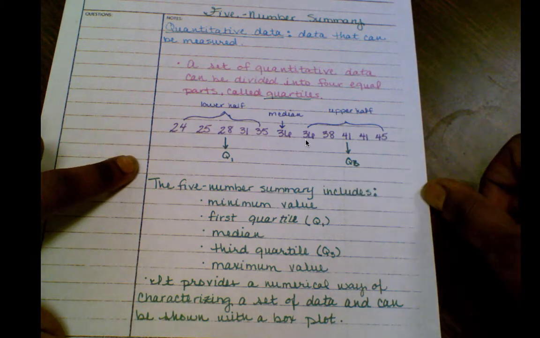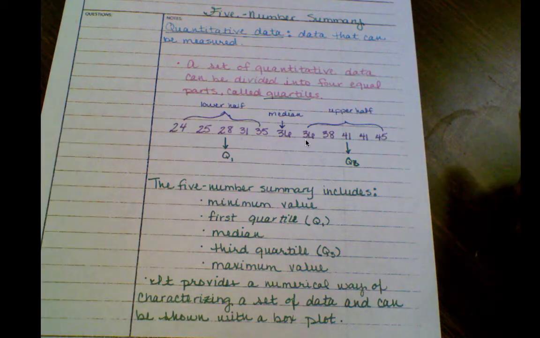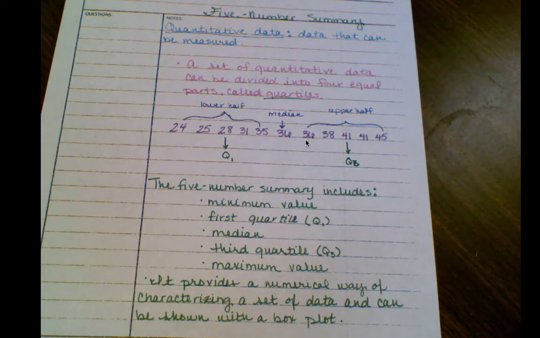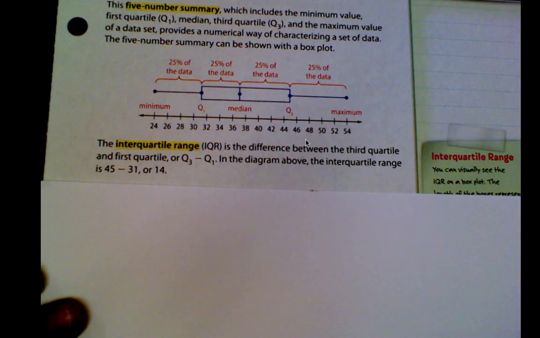Now, our 5-number summary provides a numerical way of characterizing a set of data, and it can be shown with a box plot. Go ahead and make sure to pause the video and get all of this information down. Now this is how a box plot is used to show the 5-number summary. We have a set of data.